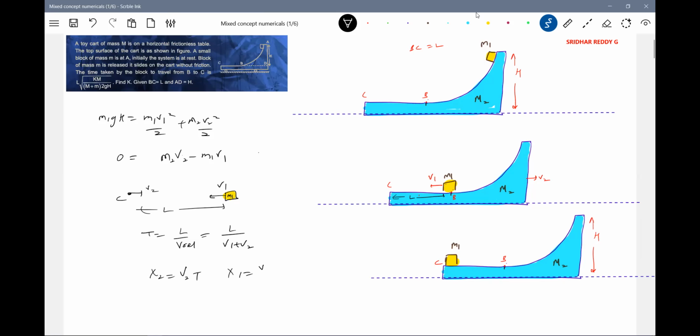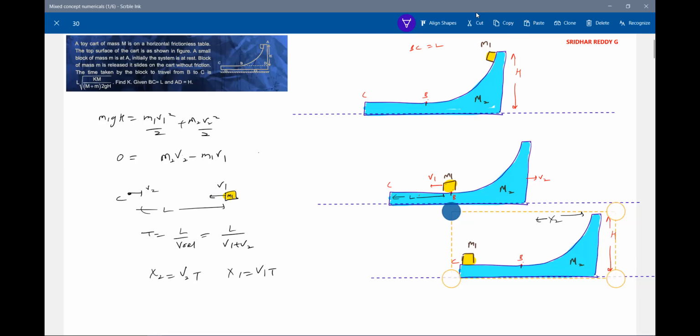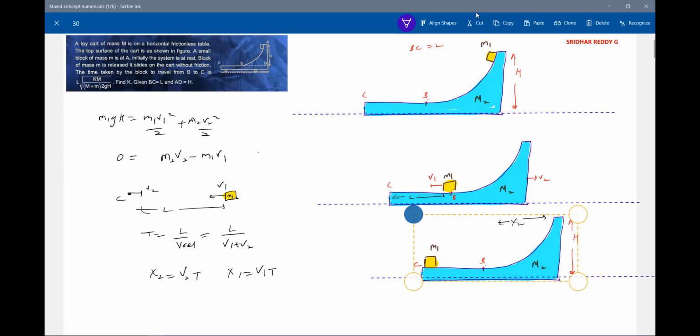The displacement of the block should be this much, because we know T also. I'm showing X2, this one. And X1, the displacement of the block. I'll slightly displace it, or we'll keep it somewhere here.